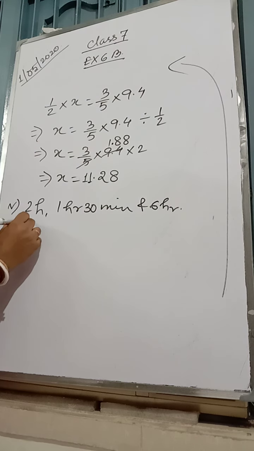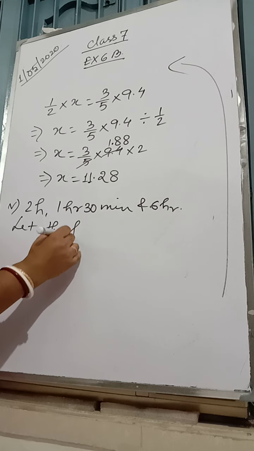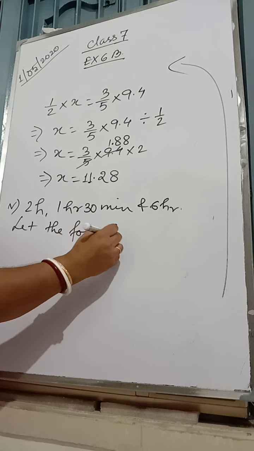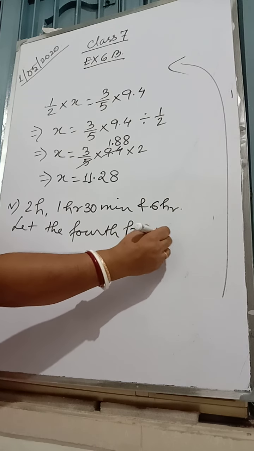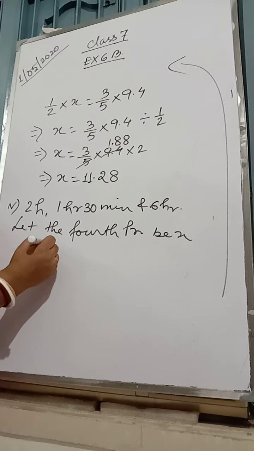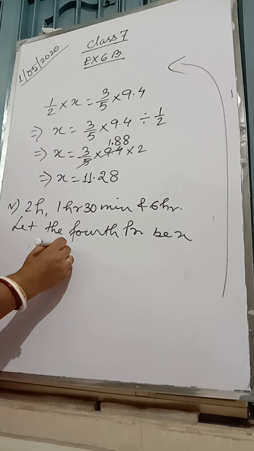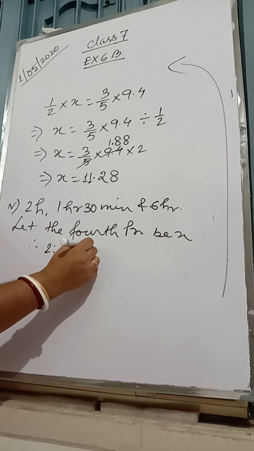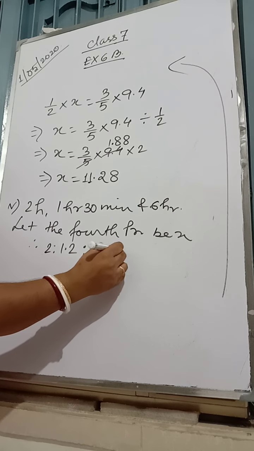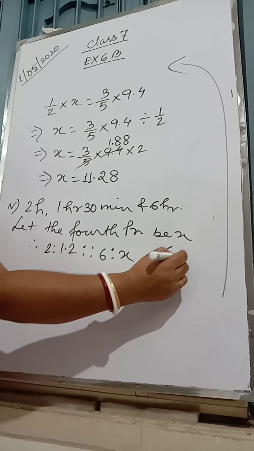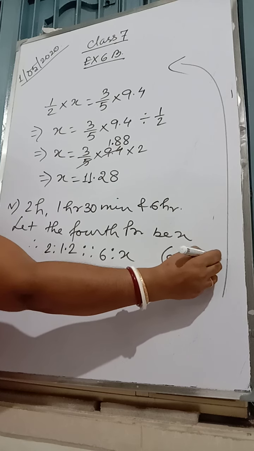Let the fourth proportion be x. So therefore we can write 2 is to 1 hour 30 minutes proportion with 6 is to x.